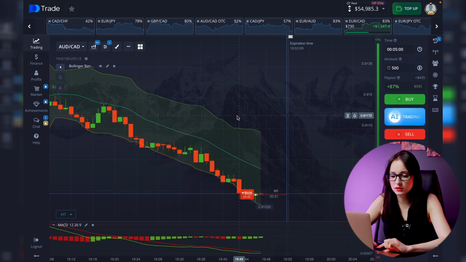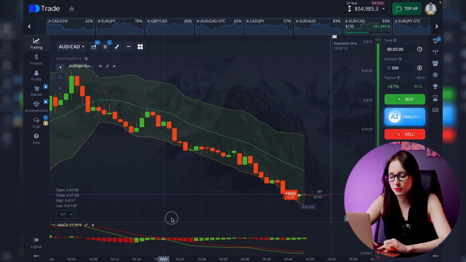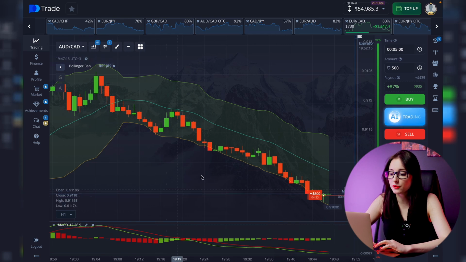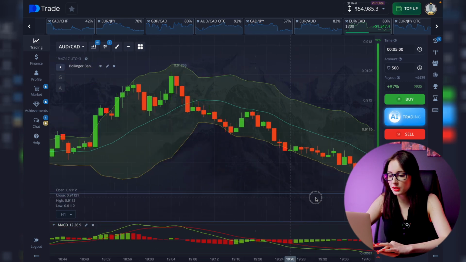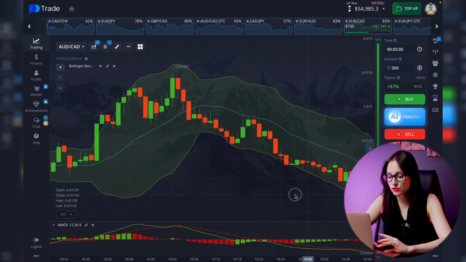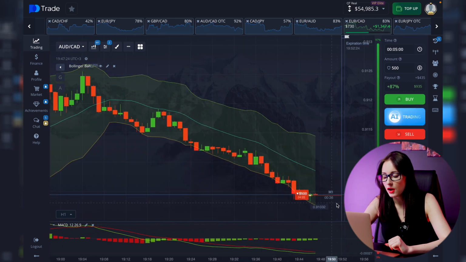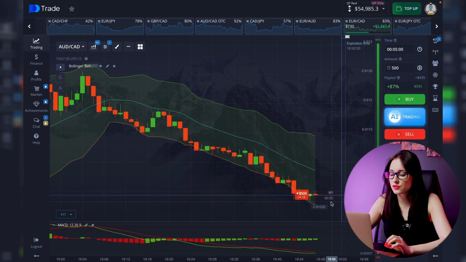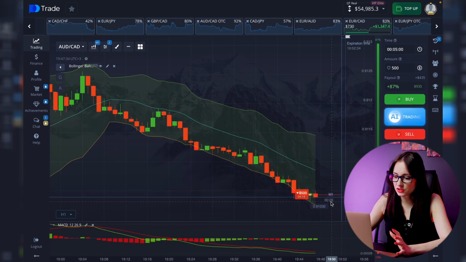Of course, this is also confirmed by a crossover of MACD, again below the signal line. So open for 5 minutes because we want to dismiss some fluctuations of the market. That's it. And now we are looking for a trend development to, of course, confirm our strategy.